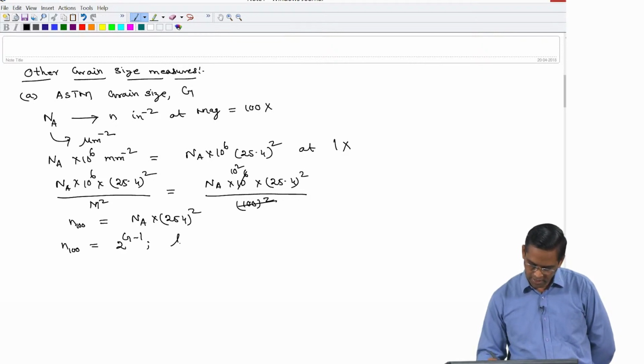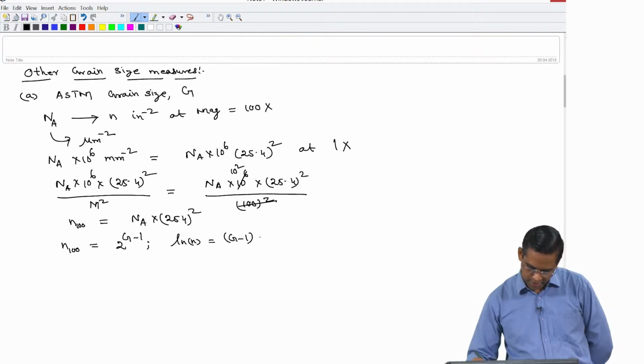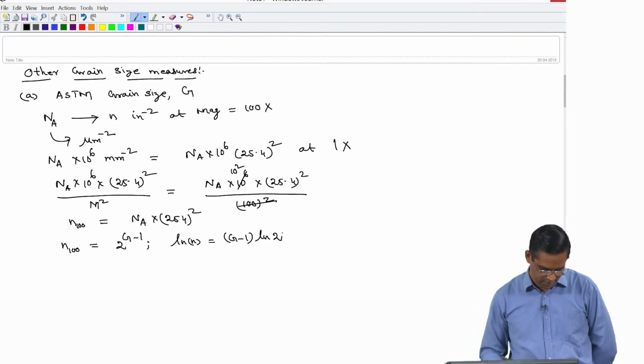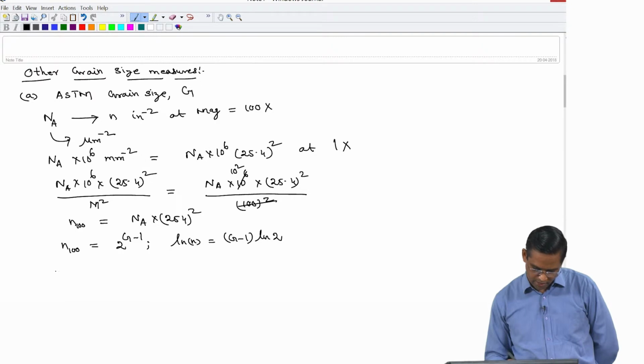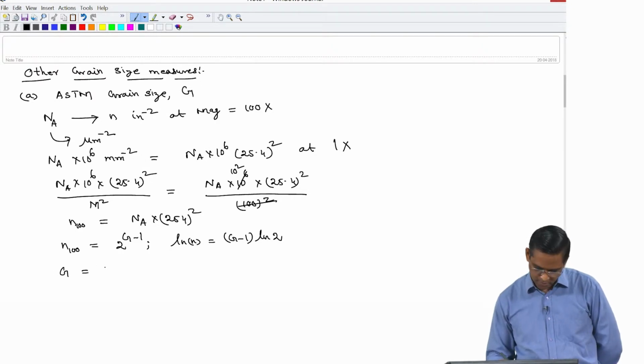So, you can rewrite like this, ln N is equal to G minus 1 ln 2. So, you can conveniently make some rearrangement using simple mathematics.